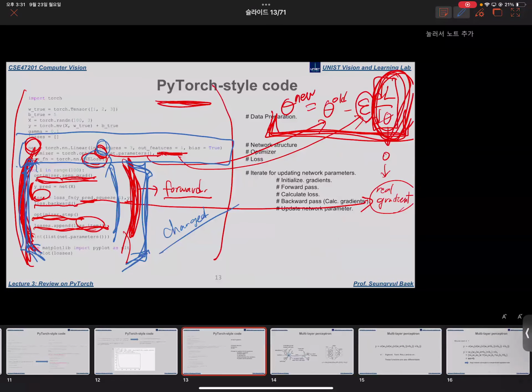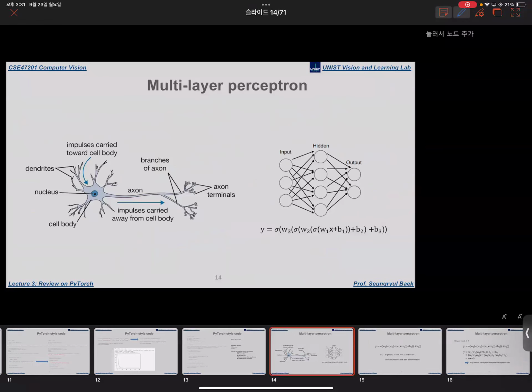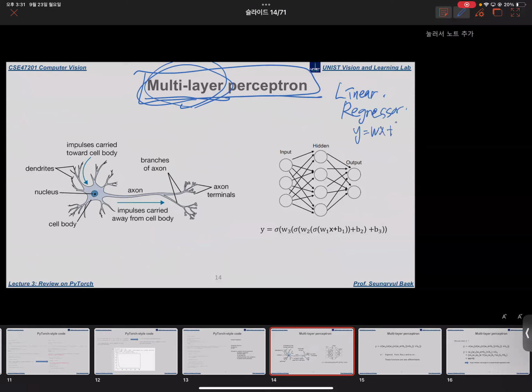And now I will show you another machine learning algorithm called the multi-layer perceptron. Okay, so its name is multi-layer perceptron because it is composed of multiple layers. The linear regressor we just saw has only one layer whose operation looks like this.